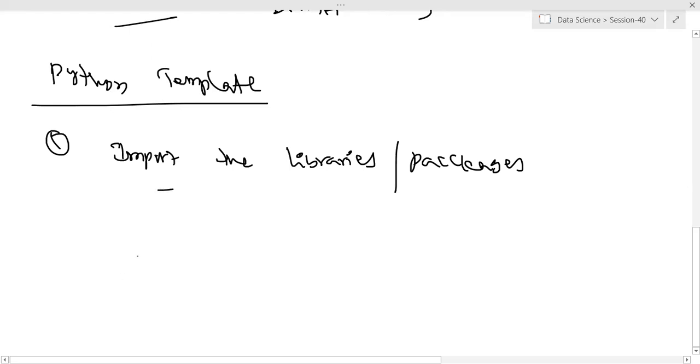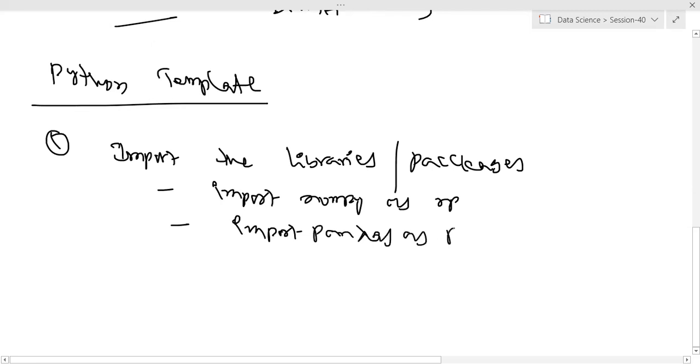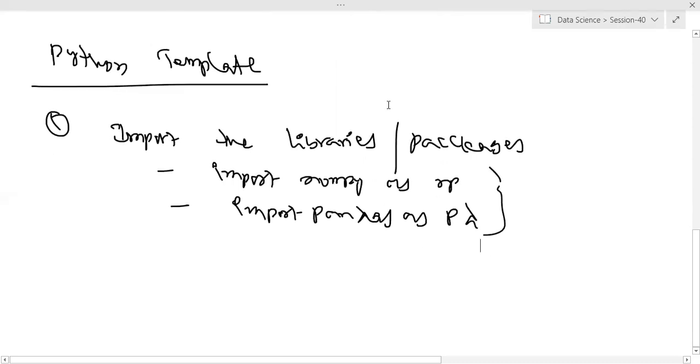So here, as a specification, you can import NumPy as np, and you can import Pandas as pd. The reason behind this, guys, is that machine learning and data science is not only dealing with the application of models or algorithms.